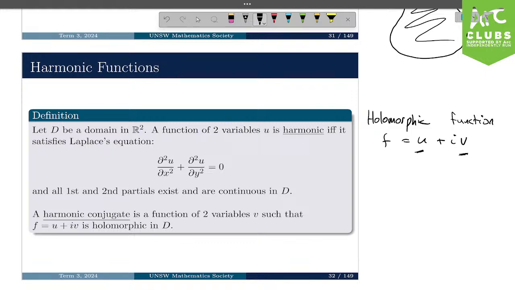That other component that we're solving for is called the harmonic conjugate. So u is the harmonic conjugate of v, and v is the harmonic conjugate of u, if f is a holomorphic function.